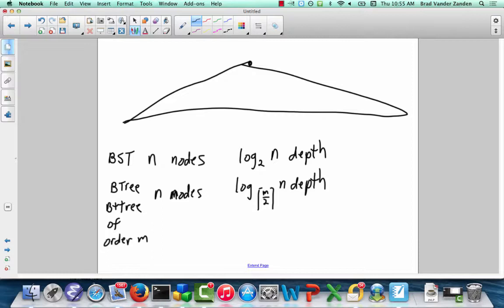So for example, if you have a B tree of order 100, it's going to split the search space 50 ways each time. So its depth, or height, let's call it height, is much less for a B tree or B plus tree. And that's a huge advantage in a database. As m increases, this thing decreases, which is what you want.